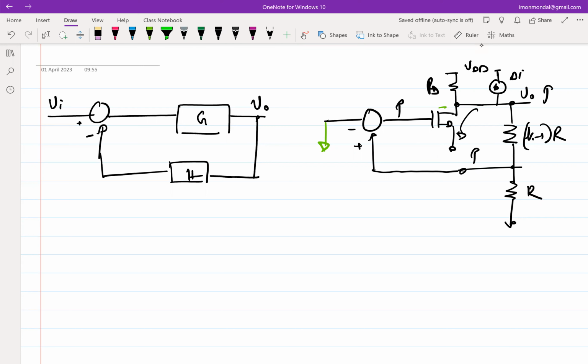So if gm tends to infinity, which means gm is infinitely strong, this excitation that would have happened here would have flown through here and it would have excited the gm. The moment it excites the gm, it sinks in the current. And since it is infinitely strong, it will be able to sink in the entire delta I, whatever I have applied. So this is an external injection that I have given.